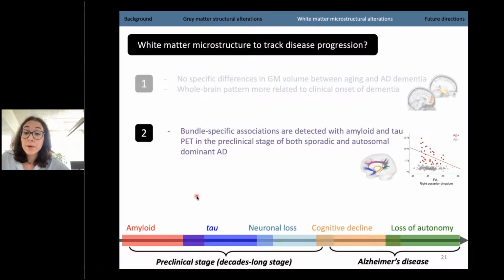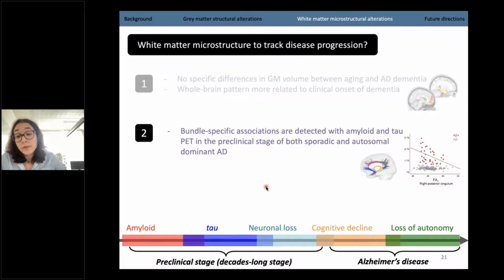And I think it's important also to mention that if we look instead, let's say, at gray matter volume in key regions connected by these bundles, we don't see any associations with pathology. So again, suggesting that by using new tools like tractography or tractometry, perhaps we're able to capture more of these early changes that are going on in the brain.